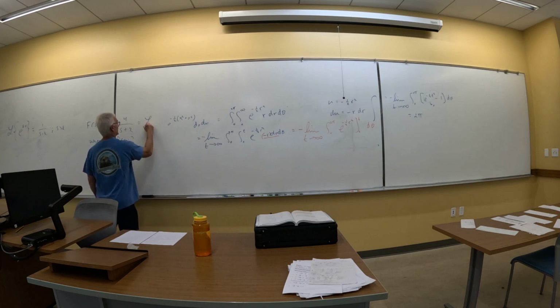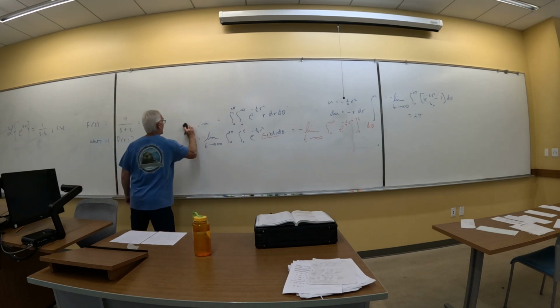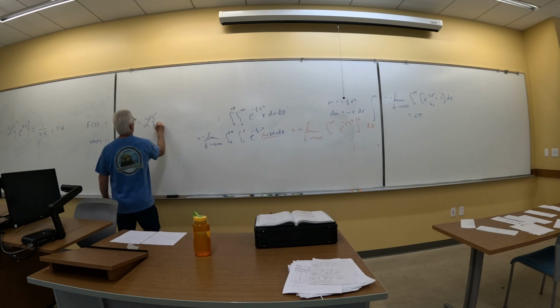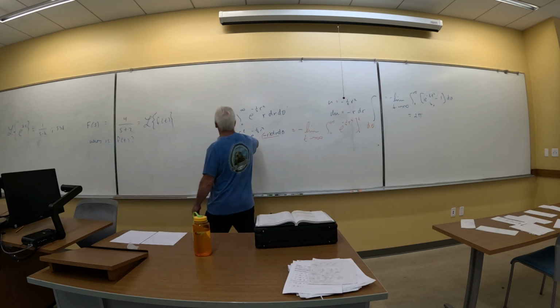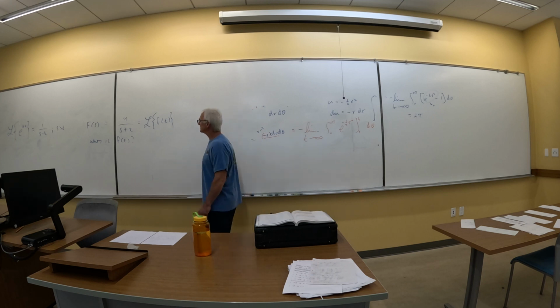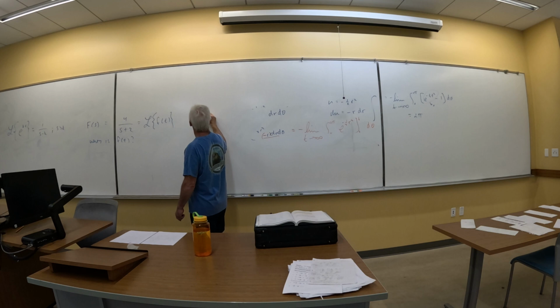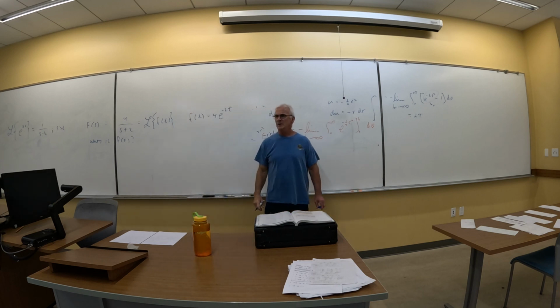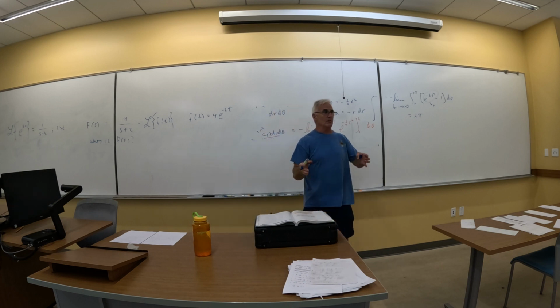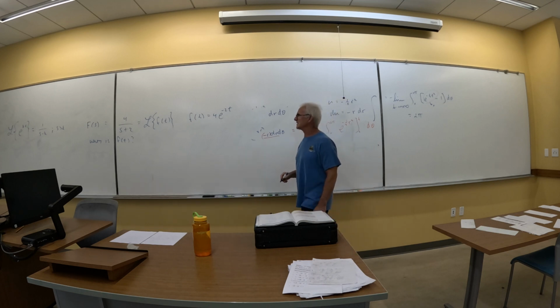Meaning, this is the Laplace transform of what function? Is that hard, or do you think that's easy? Yes, it's 4e to the negative 2t. You guys like that answer? Yeah. So, first of all, let's agree that we like that answer. That was easy. How do I represent that notation-wise?